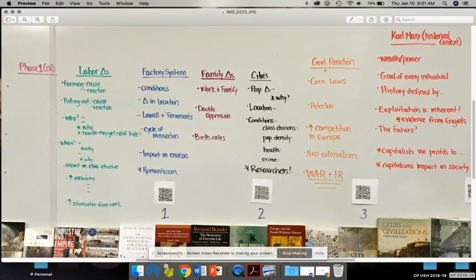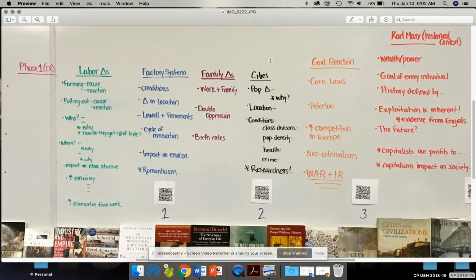And then on to the orange, we have government reactions. And the government is going to do two things. First, keep in mind who the majority of the government is. Initially, it's going to be the landed gentry, those large land owning nobles, the feudal lords from the past. And one of the things they don't like is this change, because with industrialization, land no longer equals power.